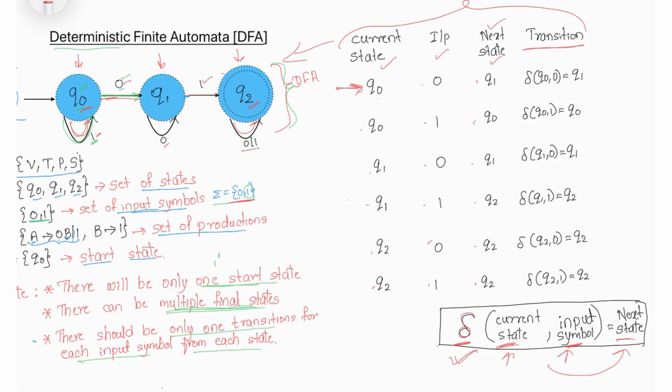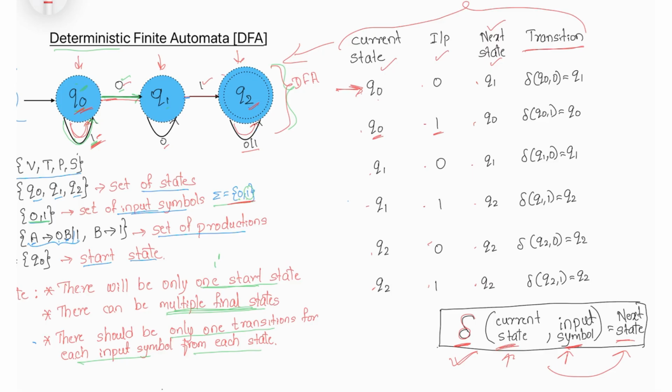Now from the state Q0 for the input symbol 1, let us see the transition. From the state Q0, the transition for the input symbol 1 is a self loop. A self loop is nothing but the machine moving from the state Q0 to Q0 only, meaning it remains in the same state after accepting 1 as the input symbol.